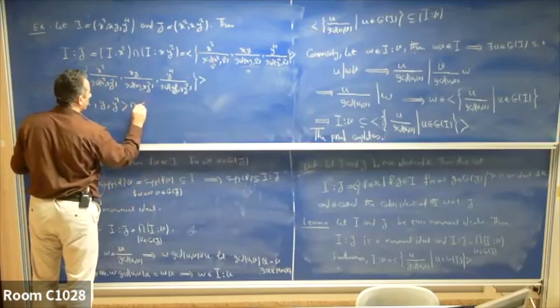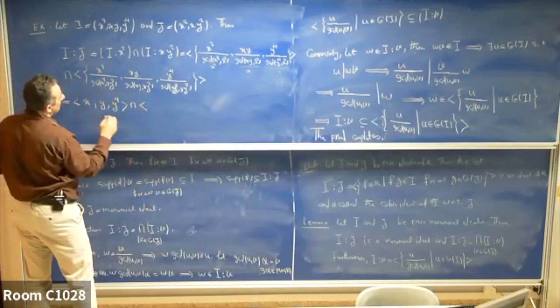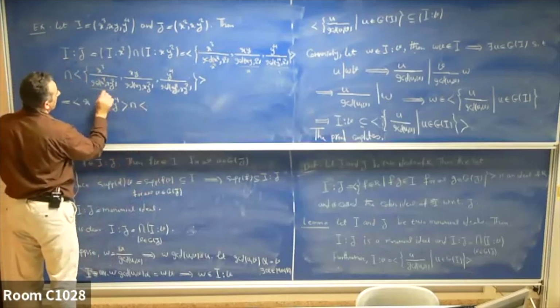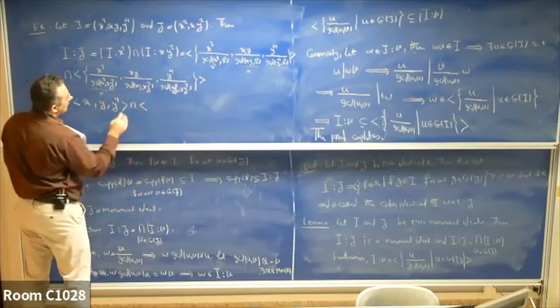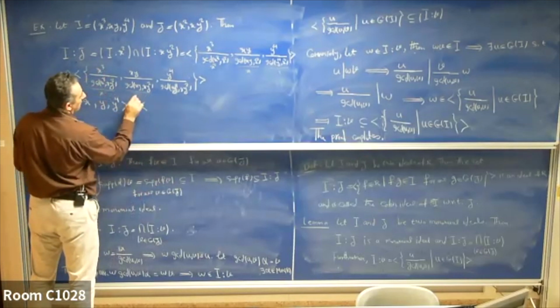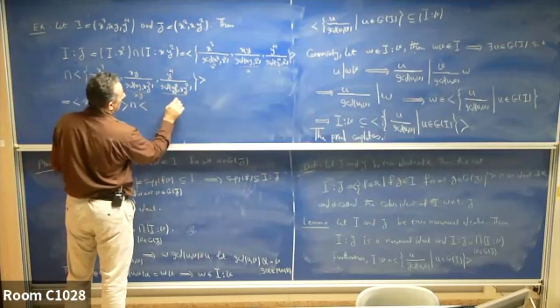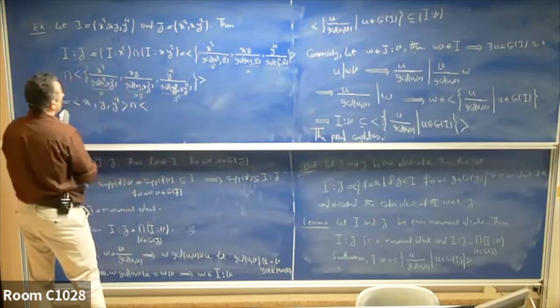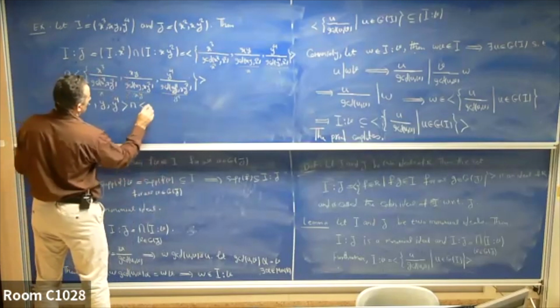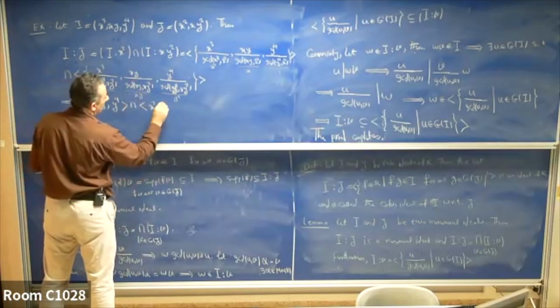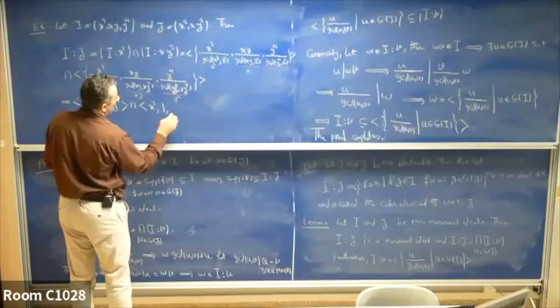Intersection, this one, x³, the GCD of this ideal is x. For xy, the GCD of this ideal is y². So this one is x², and this one, 1, and this one is y².